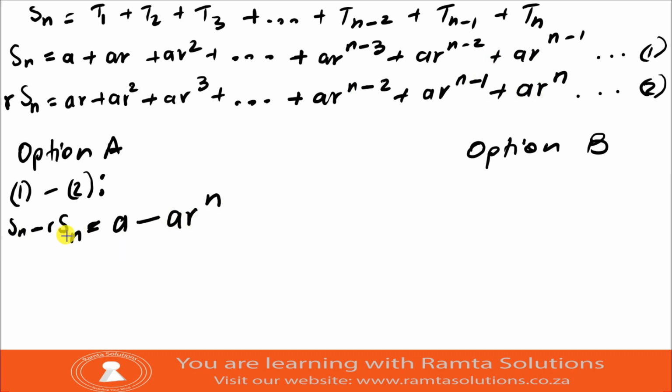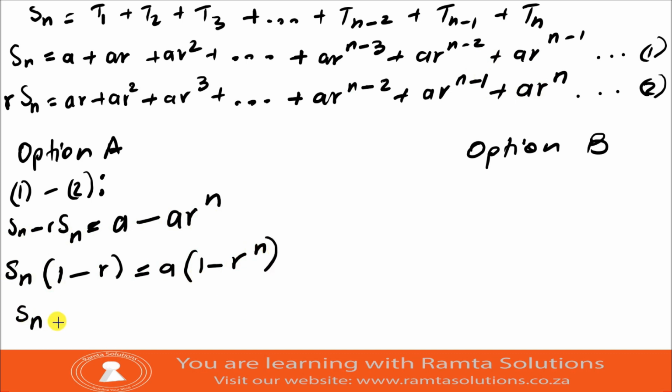Now there's a common factor here, which is Sn, and we are left with 1 minus R. Here there's also a common factor, which is A, and we are left with 1 minus R to the n. Therefore our sum of terms here is A times 1 minus R to the n all over 1 minus R.